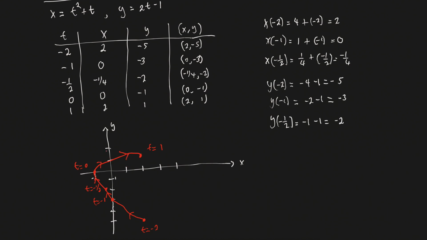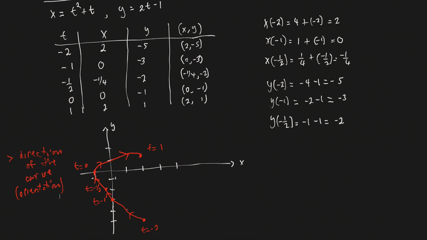So these little arrows represent the direction of the curve. It's also referred to as the orientation of the curve. And this is something your quote-unquote regular curves don't have. Your y equals f of x or your x equals h of y don't have a natural orientation or direction, but your parametric curves do.